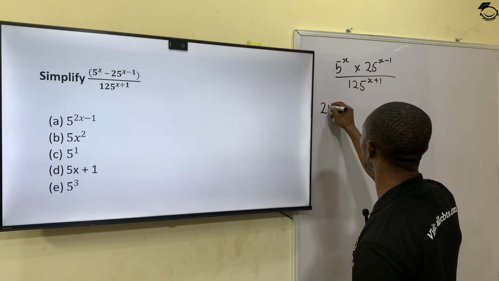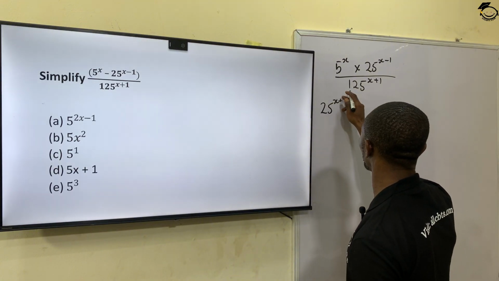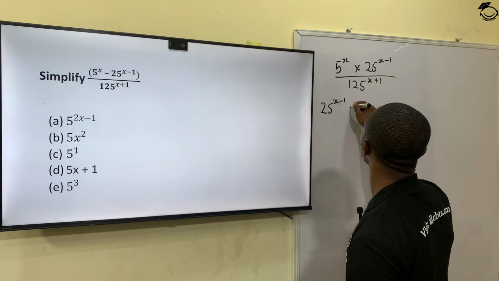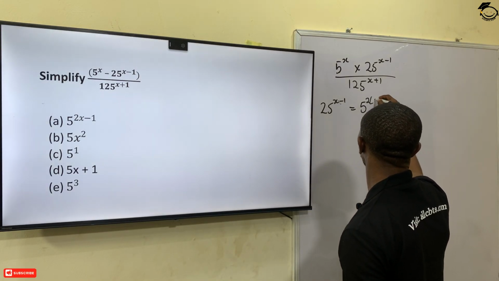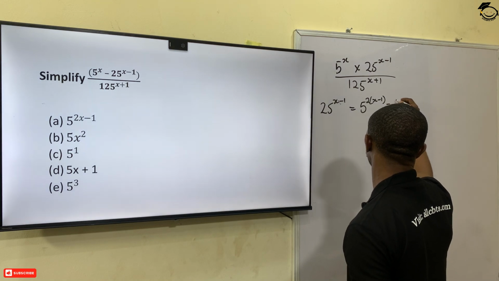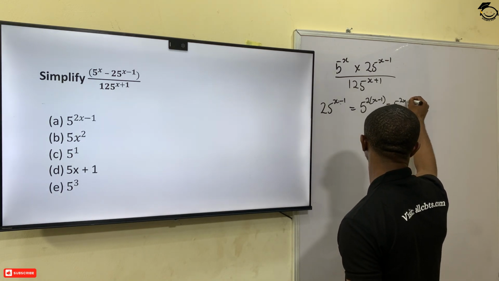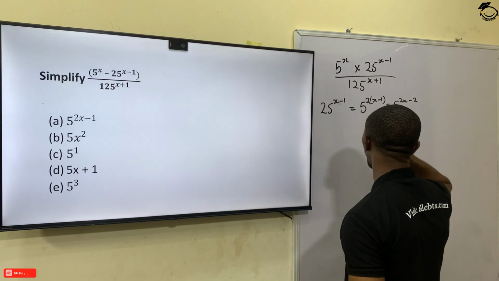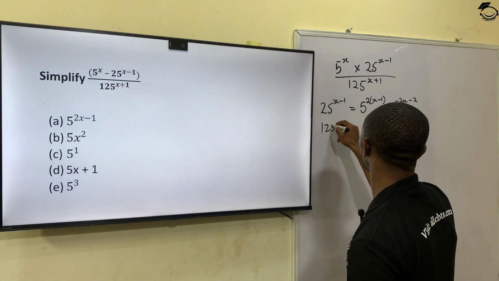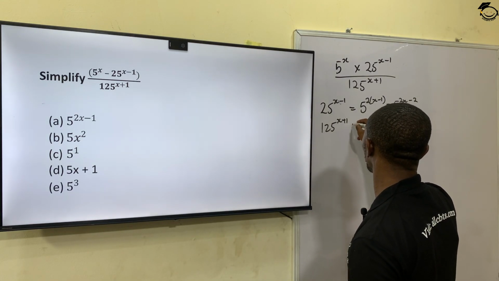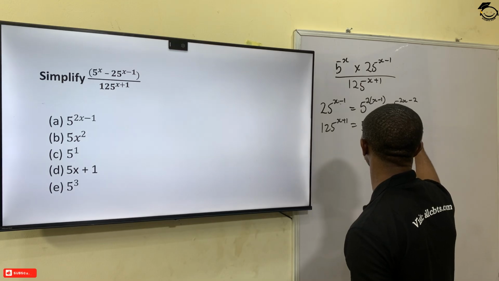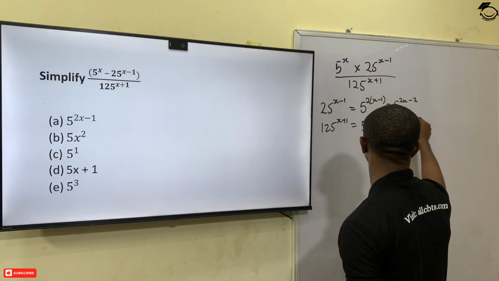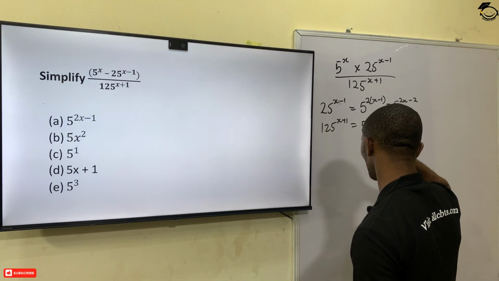So 25 to the x minus 1 would give us 5 raised to the power 2 bracket x minus 1, which eventually would be 5 raised to the power 2x minus 2. And 125 to the x plus 1 gives us 5 raised to the power 3 bracket x plus 1, which when expanded would be 5 raised to the power 3x plus 3.